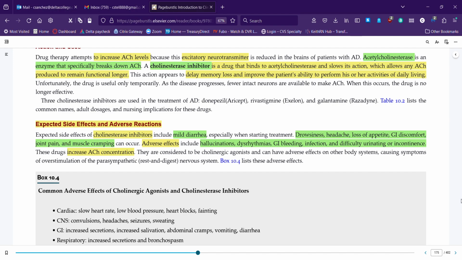So if it's blocking the acetylcholine from being broken down, then that means there's going to be more available for use by the body. So it says they're considered to be cholinergic agonists and can have adverse effects on the body, causing symptoms of overstimulation of the parasympathetic nervous system.